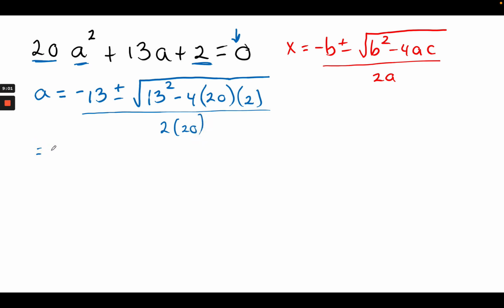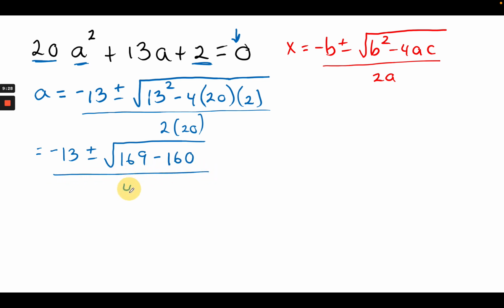So we get negative 13 plus or minus the square root of 169. 13 squared is 169, minus, we have 4 times 20, that's going to be 80, times 2. 80 times 2 is 160. All over 40. So we get negative 13 plus or minus the square root of 9 over 40.